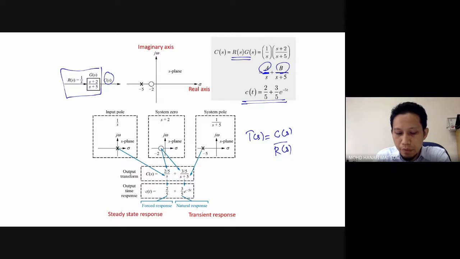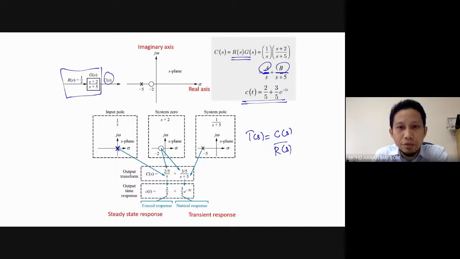Basically, when you plot it on the s-plane, the input pole is actually 1 over s, meaning that the pole location is at 0. That's why you have this located at the 0 position on the s-plane.